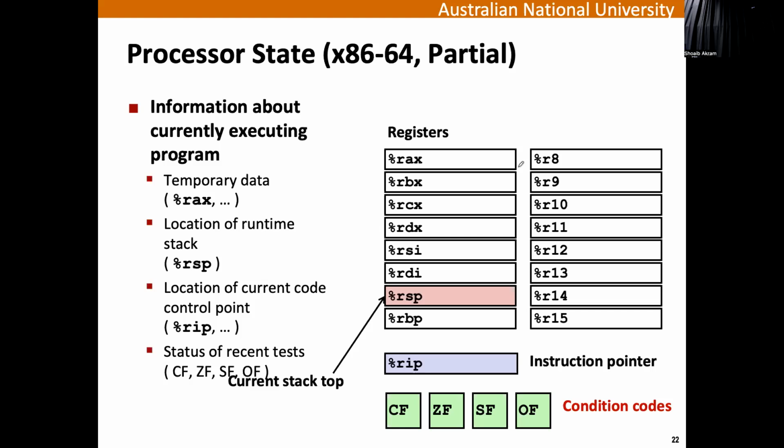And the rest of the slide is just revisiting the registers that we have looked at. What you remember as program counter, that contains the address of the instruction that is executing. Here we call it the instruction pointer. That's the pointer to the instruction that is executing, RIP.